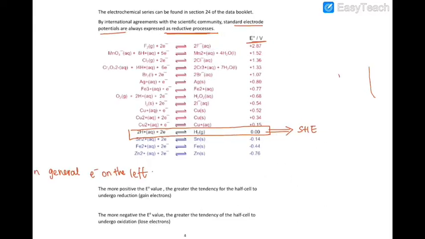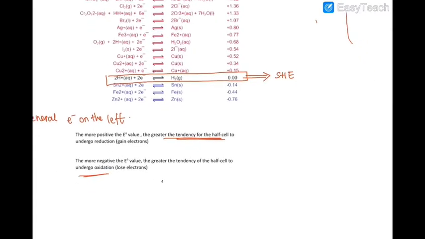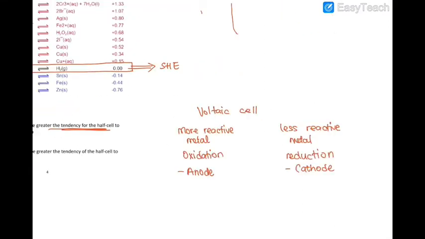Now if you look at the inert values, the more positive the inert values, the greater the tendency to undergo reduction, and the more negative its value, the greater the tendency to undergo oxidation. Normally in the voltaic cell, the more reactive metal undergoes oxidation, and this is going to be the anode.